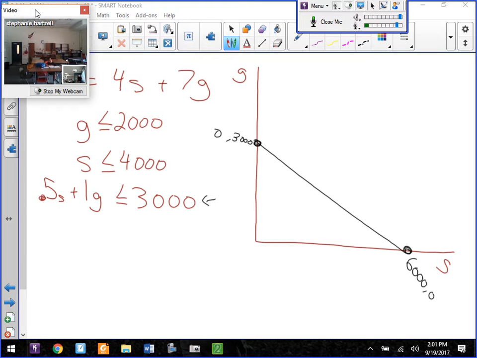Inward or outward? Moving inward. Okay? These next two graphs are either horizontal or vertical, depending upon the variable. The G equation is on the vertical axis, which means it's going to be your y values.